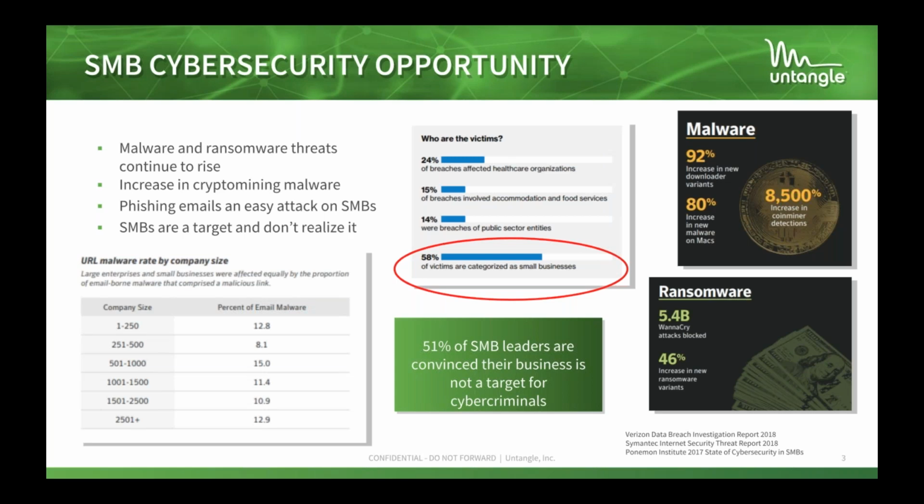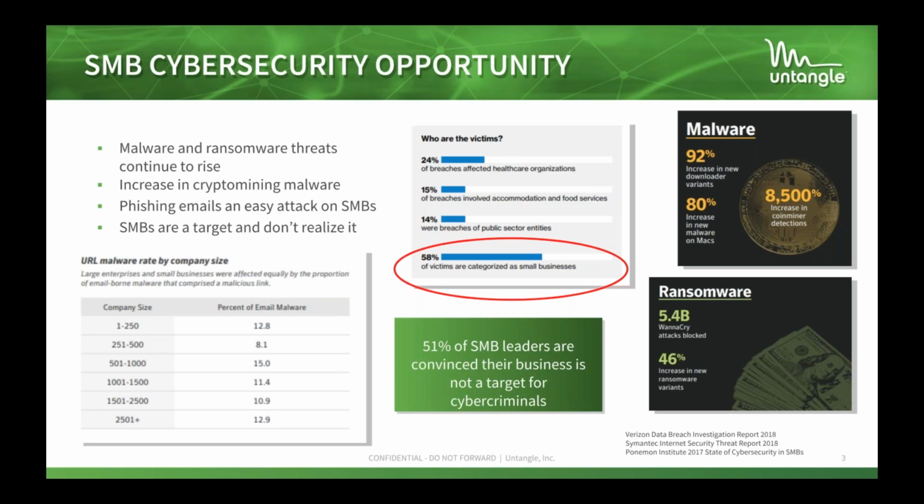That right there makes you a perfect target for cyber criminals, unfortunately. And I understand that. A lot of small business owners don't know they need something like Untangle, so it can be a tough thing to basically just present out of the blue.